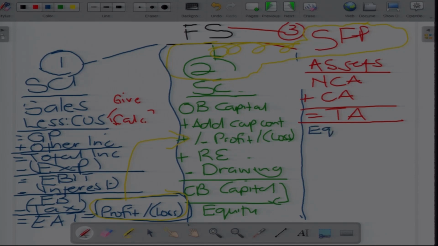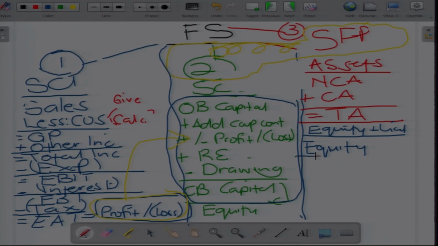Then we have equity and liability, right? Then we have equity. Now, what I said, incorporate into two statements. So you won't do the third statement, but you will do this framework here. You will do it here.